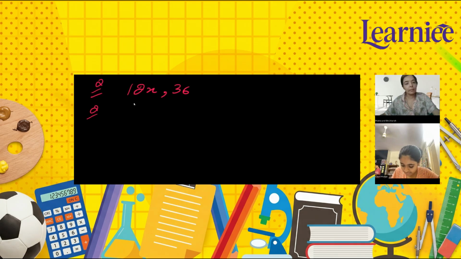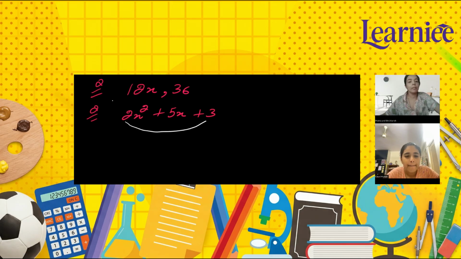Now, next is 2x square plus 5x plus 3, right? First, I'll give you a hint. As I said, you have to multiply the first term with the last term. So if I multiply 2 with 3, what do I get? 6x square. We have to consider this variable also.